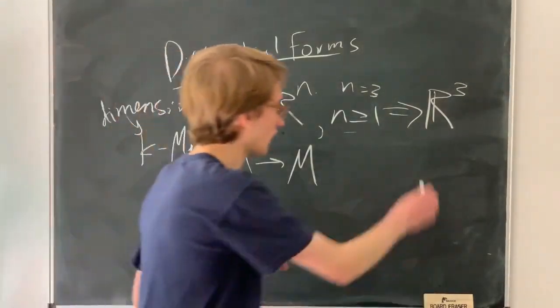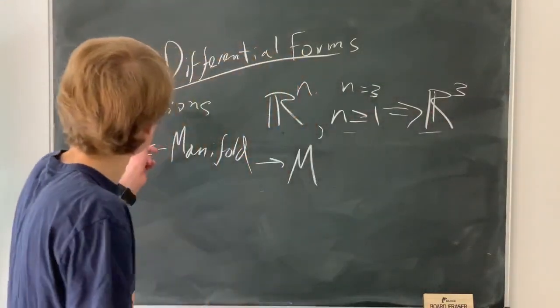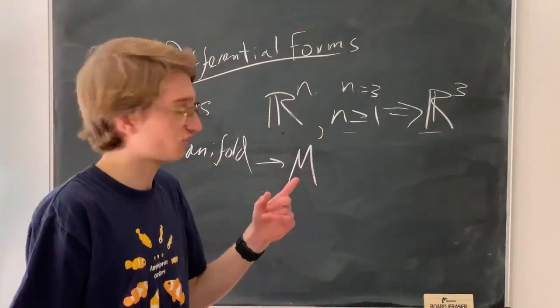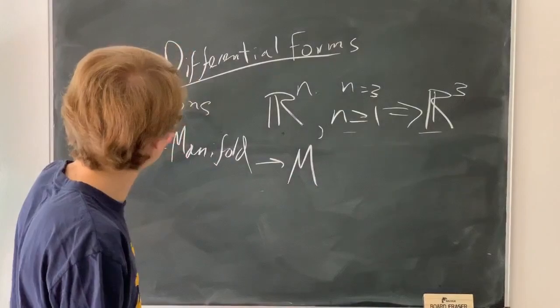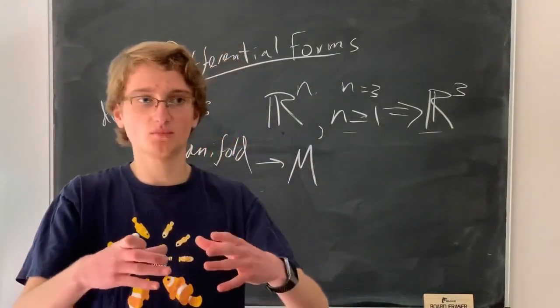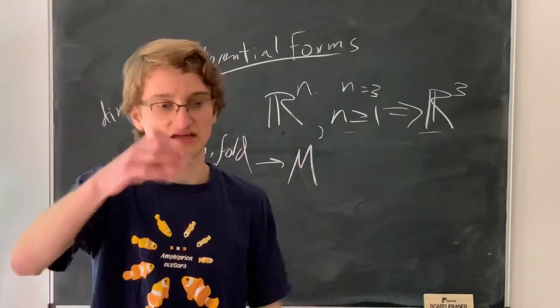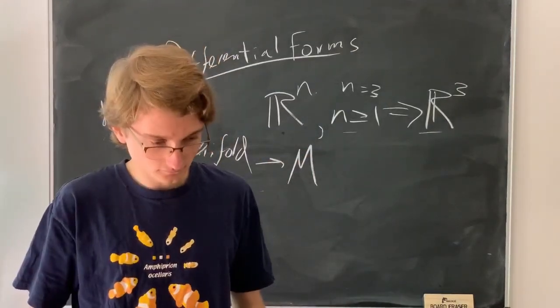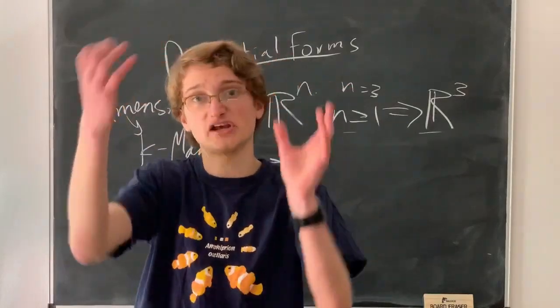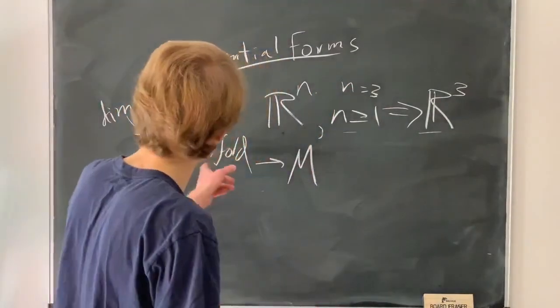We're sticking to R3, so the biggest K could be is 3. I could have a 1 form, a 2 form, a 3 form. That's the number of dimensions. A 0 form is like points, a set of endpoints, and 3 is a 3D shape. So that's all this is.